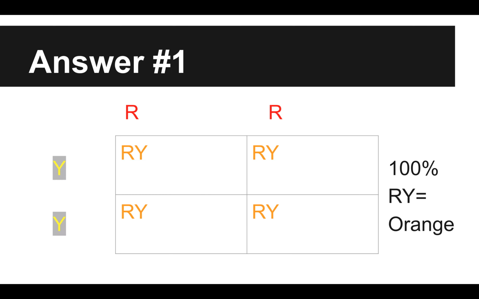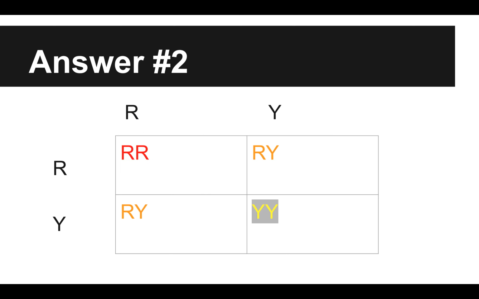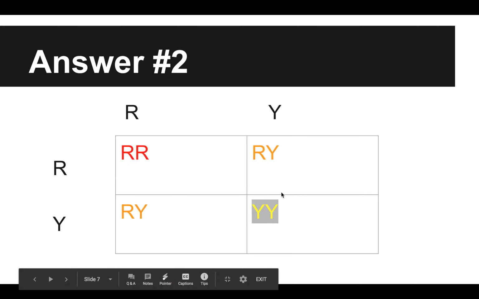All right, so for answer number two, our genotypes for orange are R, Y. So we have two birds that are mating that are both orange. So we have RY crossed with RY gives us RR, RY, and YY. Here we have 25% are red. Here we have 50% are orange, and here 25% are yellow.